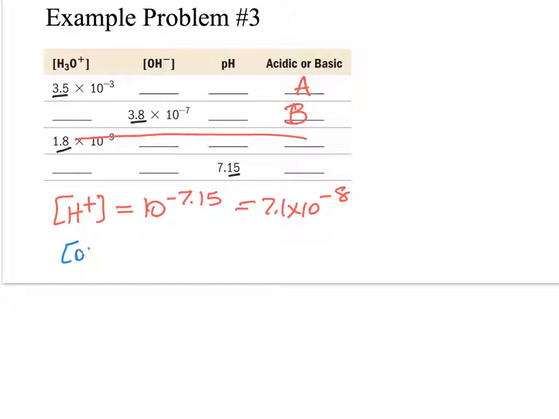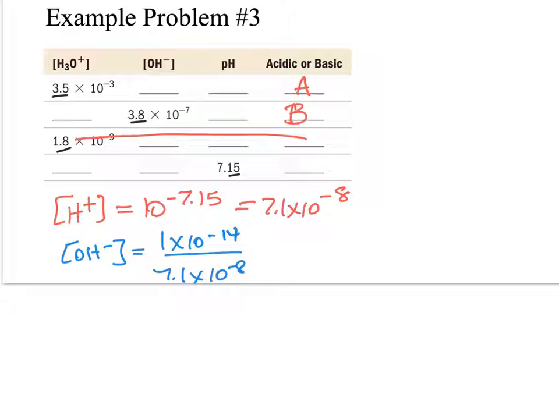Hydroxide would be equal to 1 times 10 to the negative 14th divided by 7.1 times 10 to the negative 8th. And the answer is, I must have hit the wrong button there.